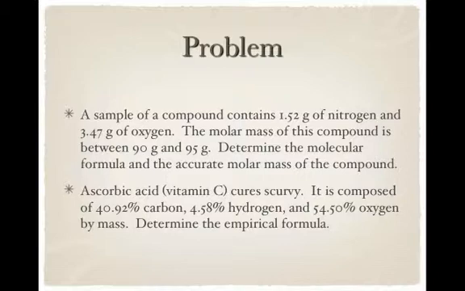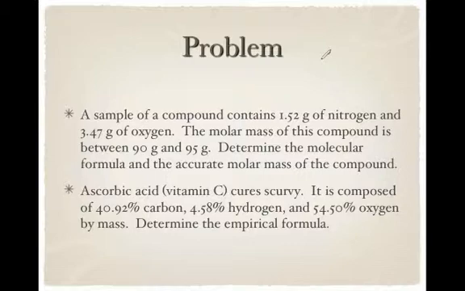What I like to do, and I don't know that your book does this, is get these into percentages first. So you would take 1.52 divided by the total. Which would be what?